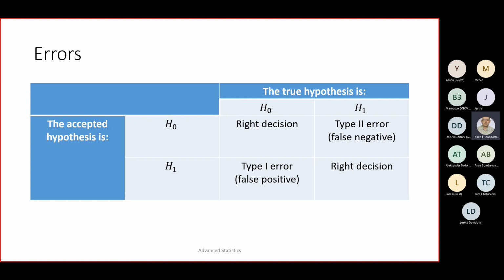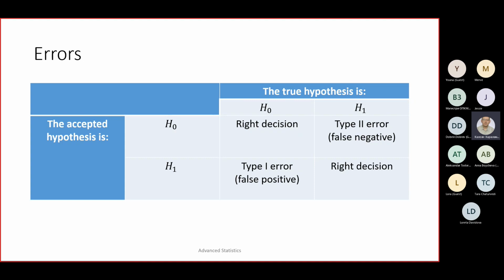A little correction. The false negative is that the test shows that this vaccine is not effective, but in fact it is. And the false positive is that the test shows that this vaccine is effective, but in fact it is not.